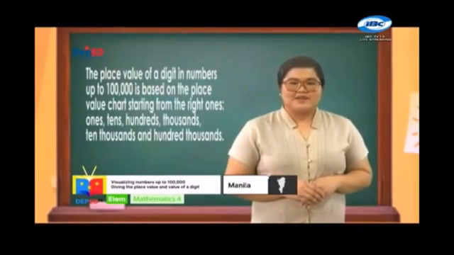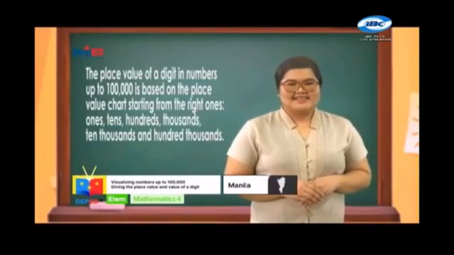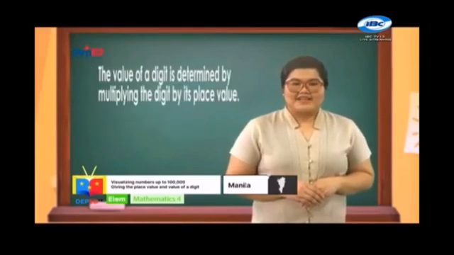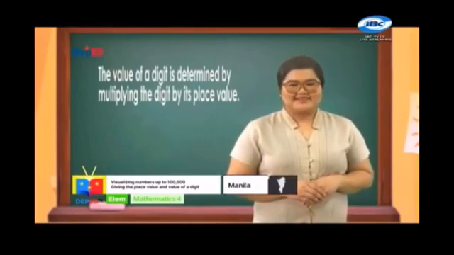The place value of a digit in numbers up to 100,000 is based on the place value chart starting from the right: ones, tens, hundreds, thousands, 10,000s, and 100,000s. The value of a digit is determined by multiplying the digit by its place value.